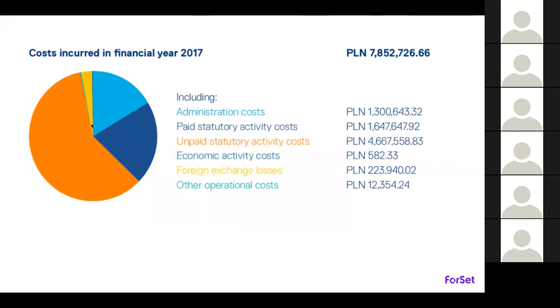But visually, we see that the biggest part is this orange, which is unpaid statutory activity costs. So when we look at this chart, we just see the comparison between them, but we do not see the exact values. For example, if we want to compare the light blue to the dark blue part, it is very hard to see the difference visually.